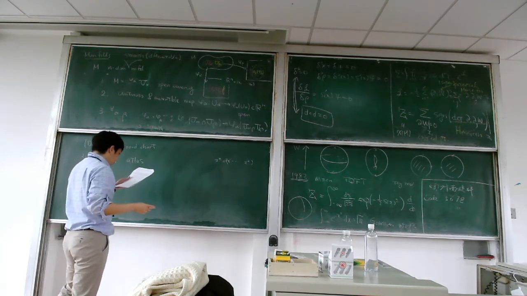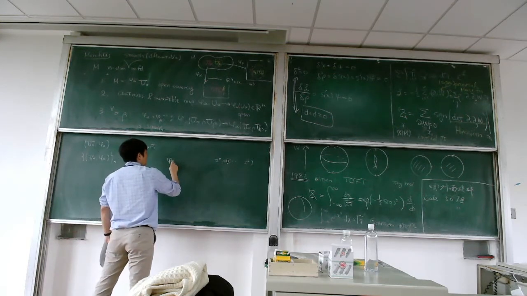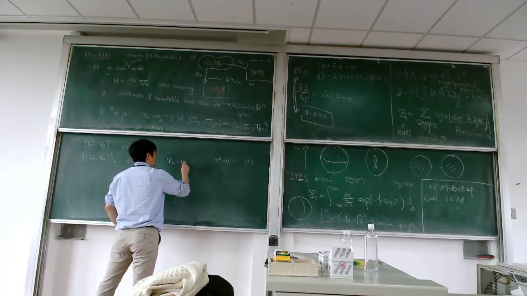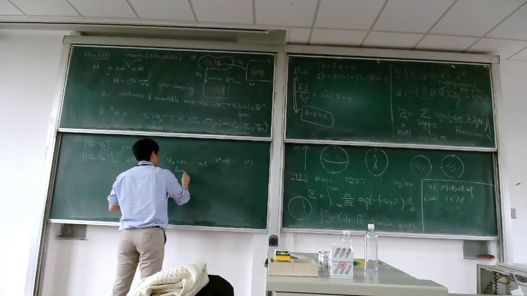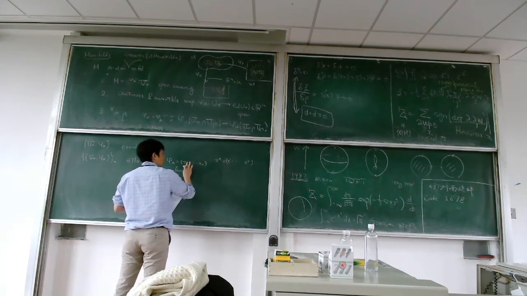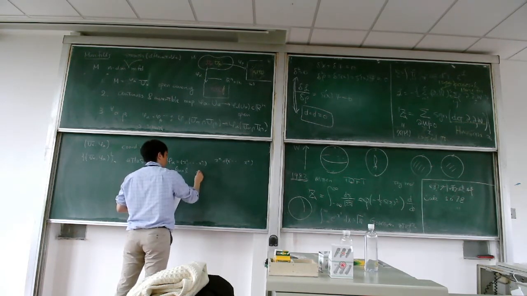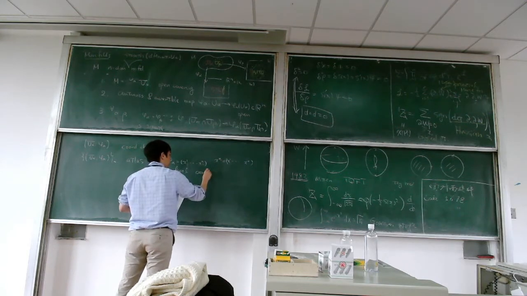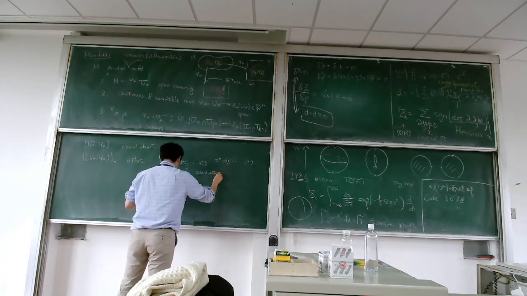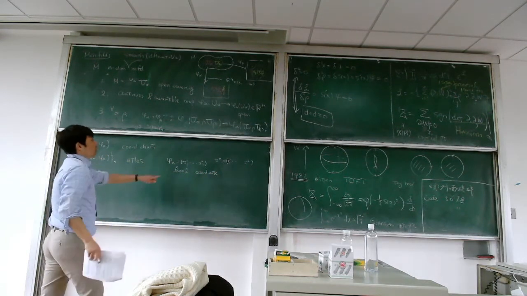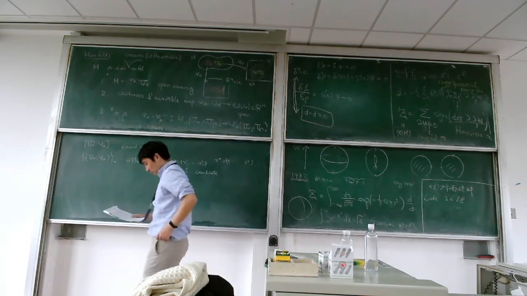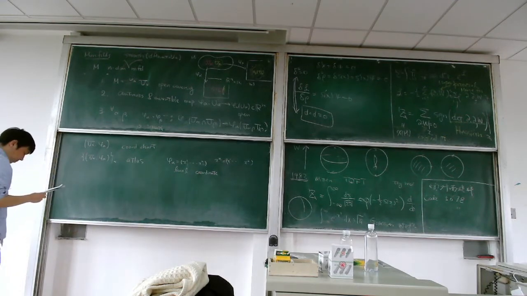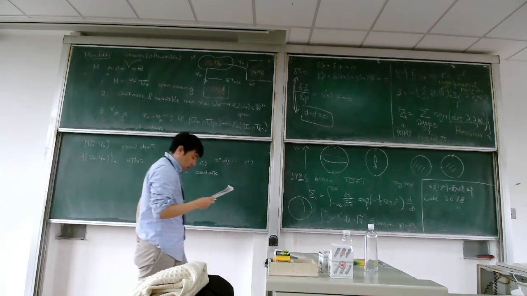And then this phi alpha, x1 to xn, is called the local coordinate. Okay, let's follow the physicist way. Local coordinate means really the coordinate in Rn, which physicists usually use.